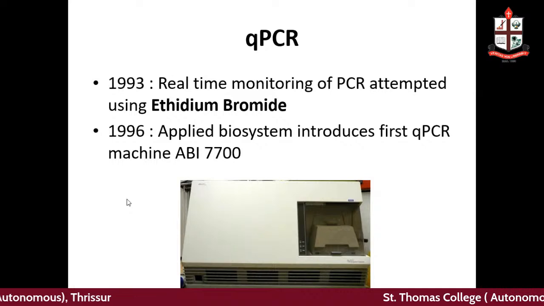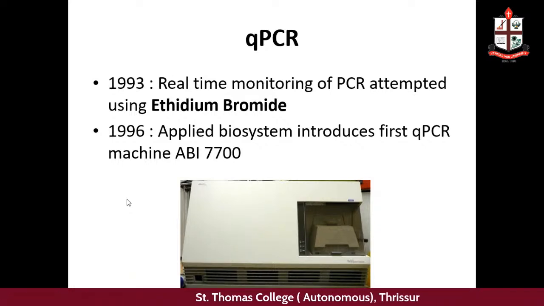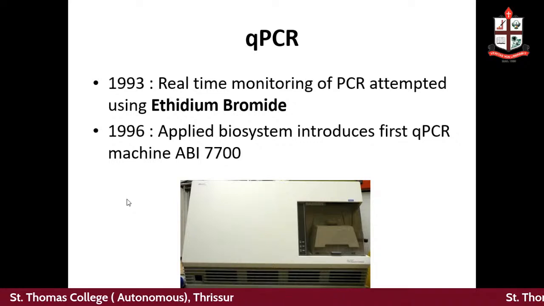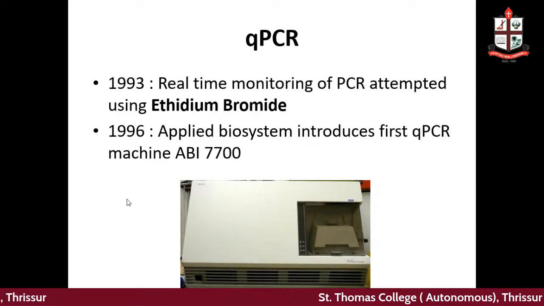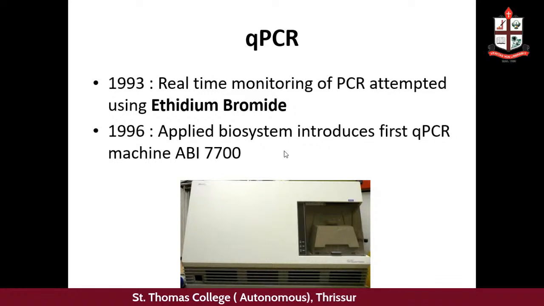Ethidium bromide is a DNA intercalating dye. We use ethidium bromide for visualizing DNA. The same ethidium bromide was initially used for monitoring the increase in PCR product during PCR. And the first qPCR machine was introduced by Applied Biosystems. You can see the machine.